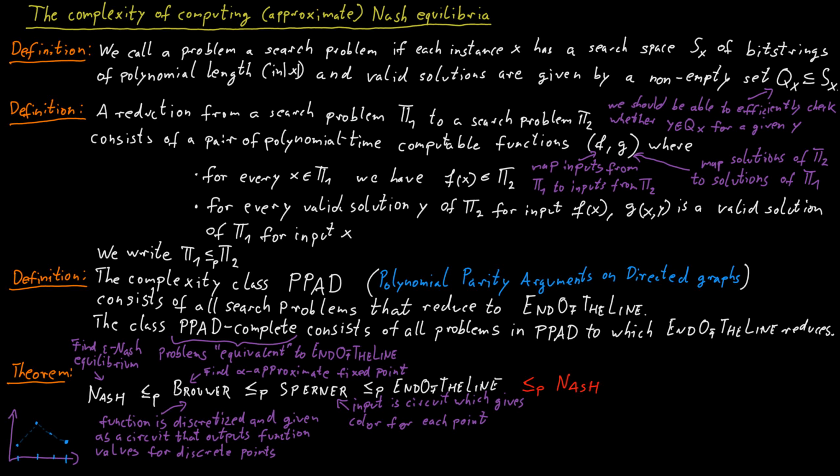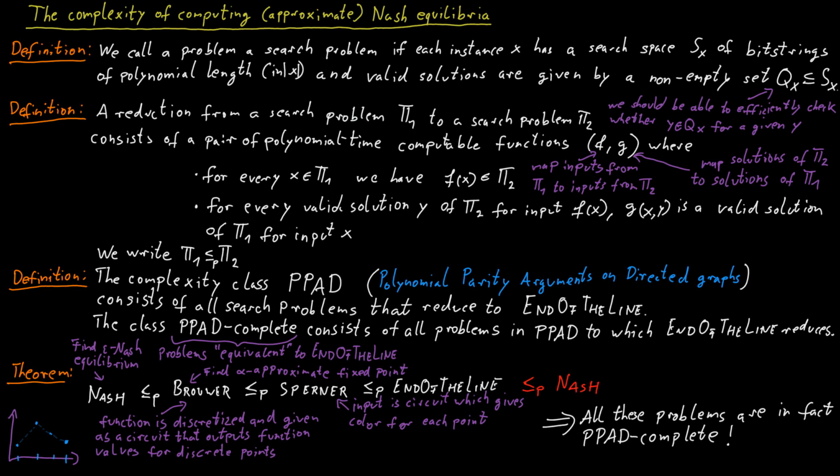What it shows is that all of these problems, finding an epsilon Nash equilibrium, finding alpha approximate fixed points, finding fully colored subsimplices, and finding the endpoints of lines of an implicitly given graph, are in fact computationally equivalent. They are all PPAD complete.